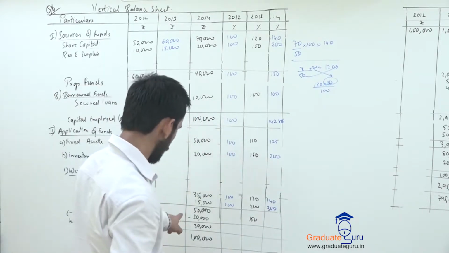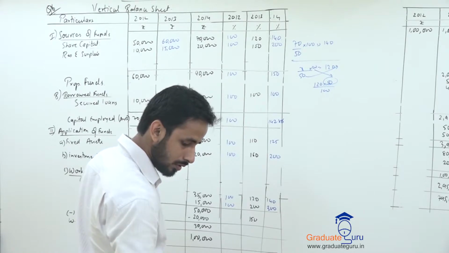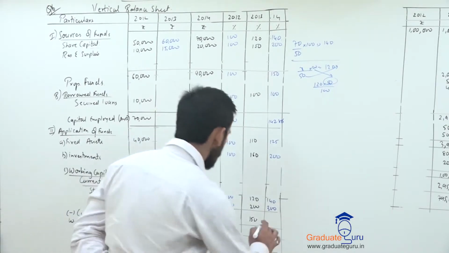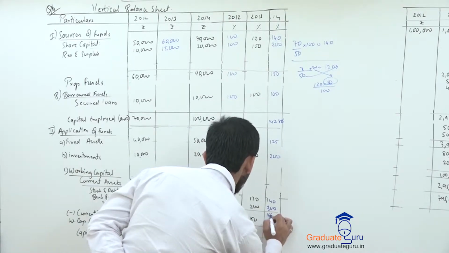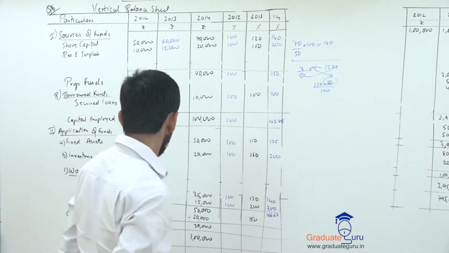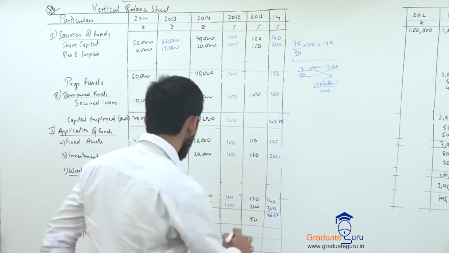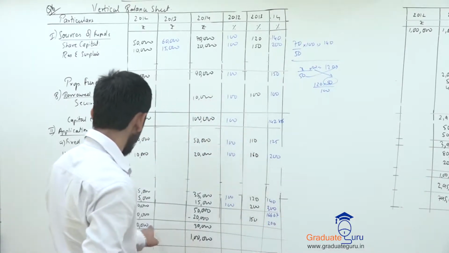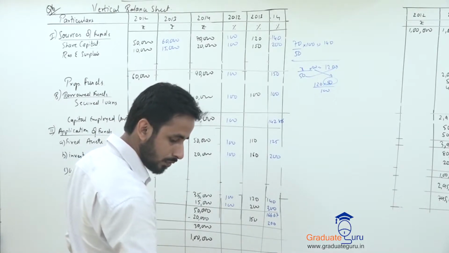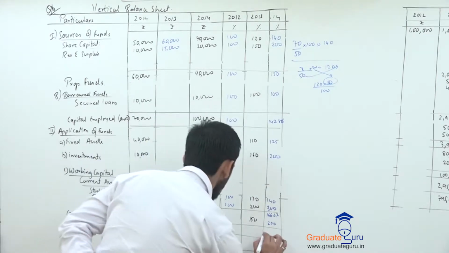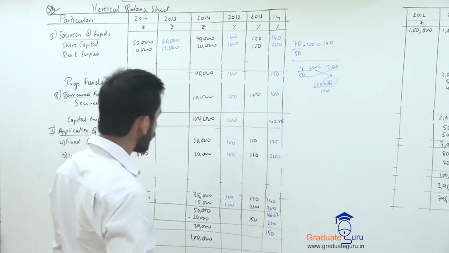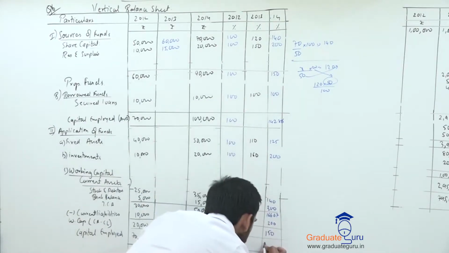30 and 50, so 50 divided by 30, that is 166.67%. 20 and 200%. 30 divided by 20, 150. 1 lakh divided by 70, again it has to be 142.86.